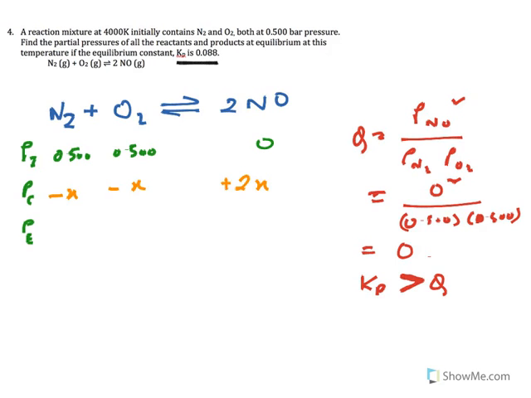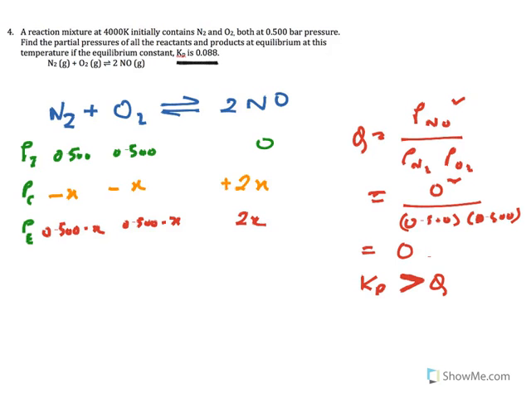Equilibrium is going to be the sum of the initial and change conditions. So we're going to end up with 0.500 minus x for nitrogen. The same would be for oxygen. And for nitrogen monoxide, we will have just 2x because 0 plus 2x is 2x.